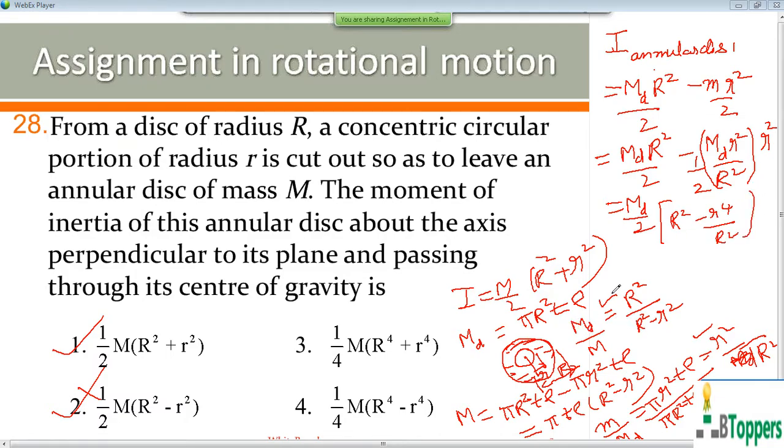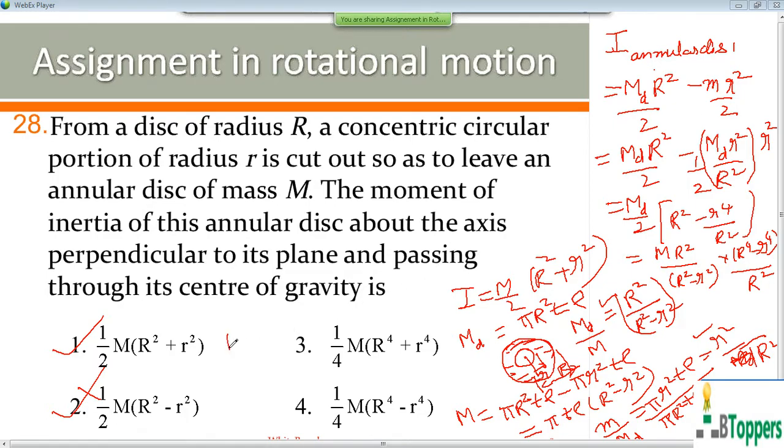Now I can substitute M_D from this equation: capital M into R square by capital R square minus small r square, into capital R power 4 minus small r power 4 by capital R square.